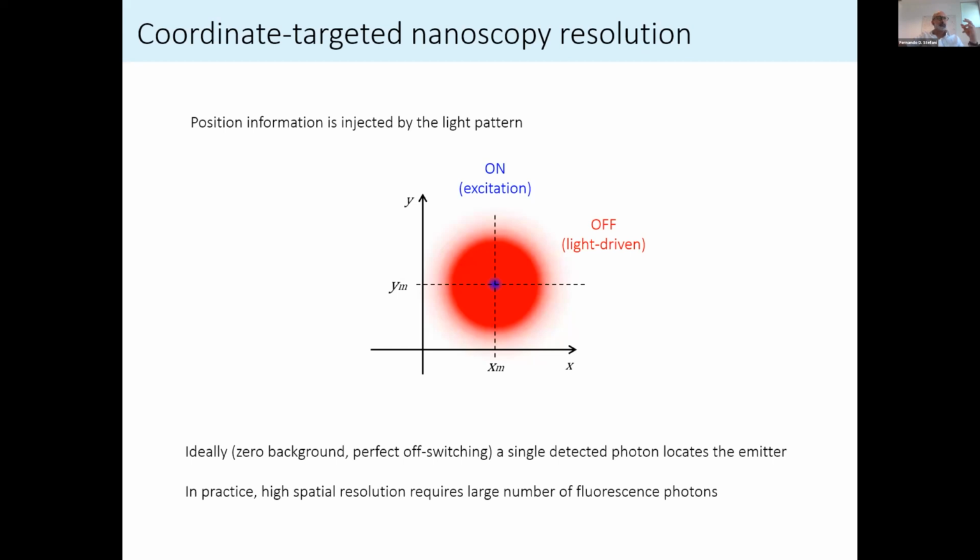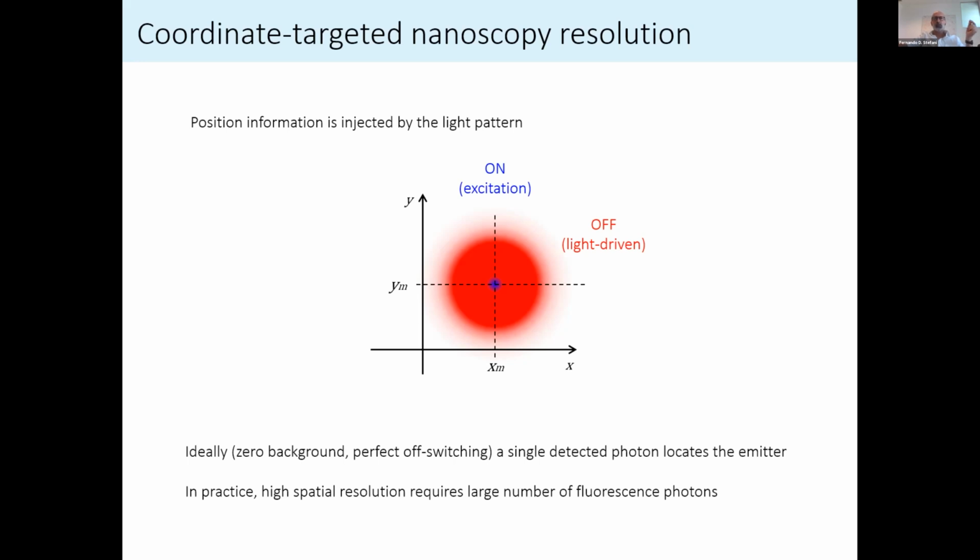So ideally, if we would have zero background and a perfect off switching, a single detected photon would tell us if a molecule is present in that position. So we could switch on these two lasers, wait a certain amount of time, and then we could say with some statistical confidence, if we detect a photon, there is a molecule underneath. If we don't detect a photon, there is no molecule in that position. And then we move to the next position and so on and so forth.